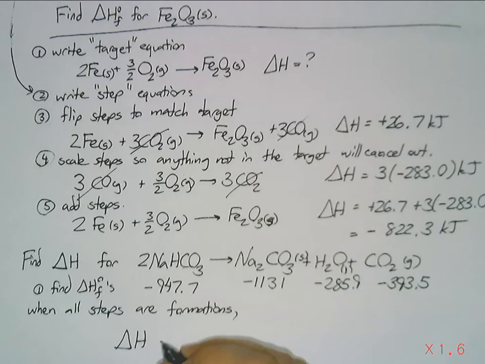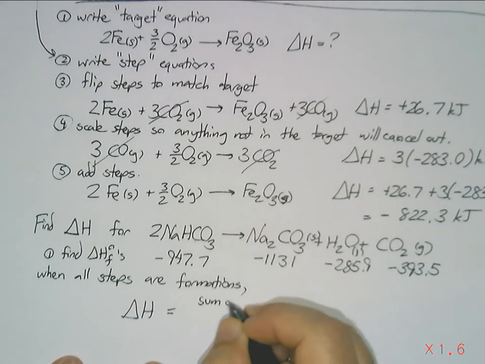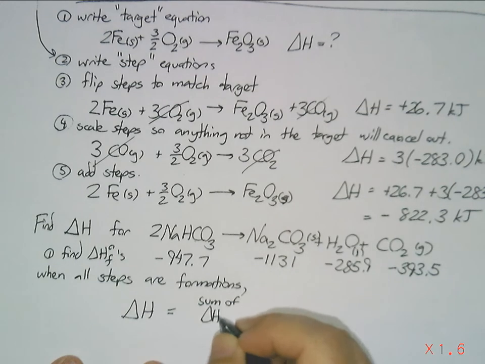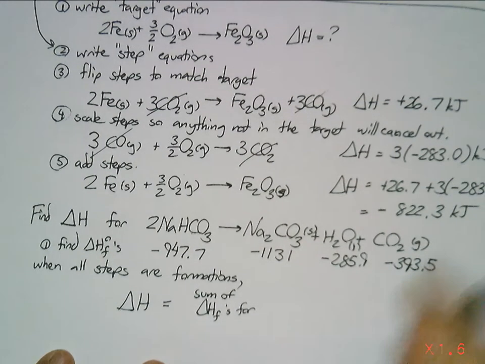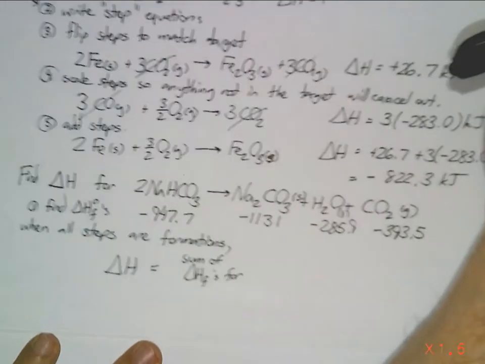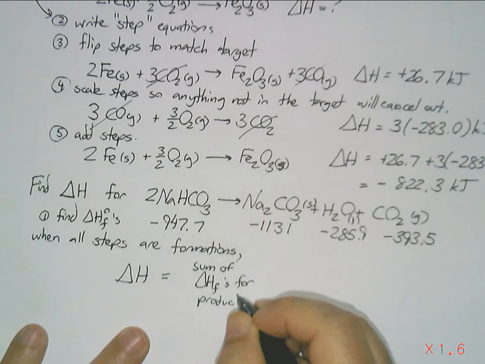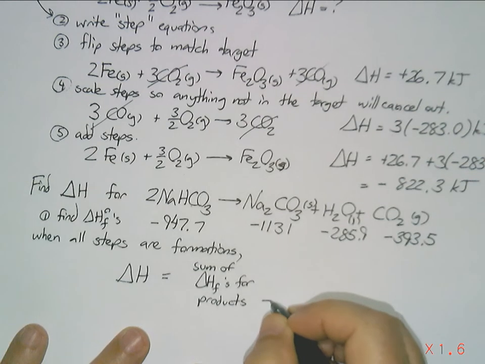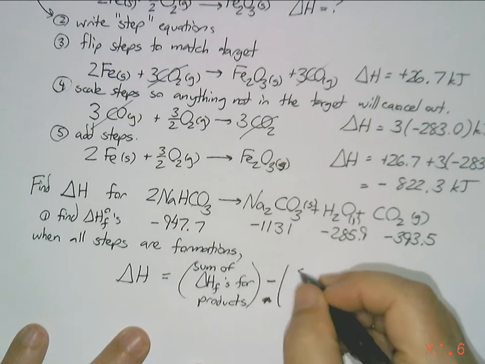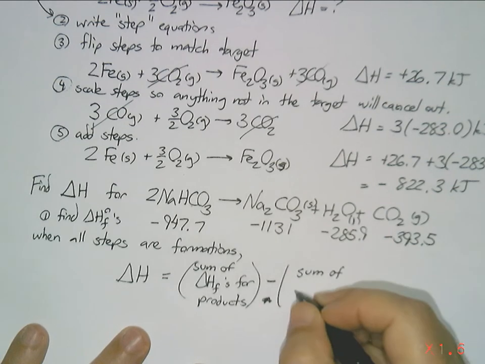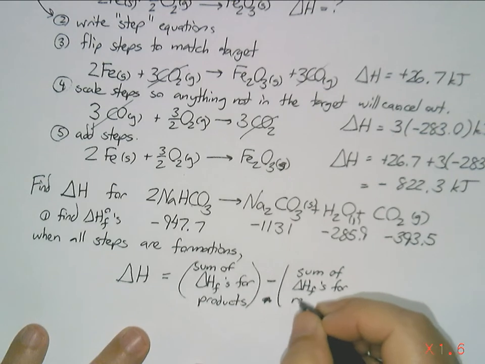Delta H for the reaction is going to be the sum of delta HFs for the products minus the sum of delta HFs for the reactants.